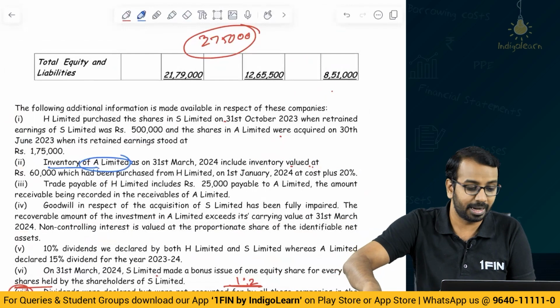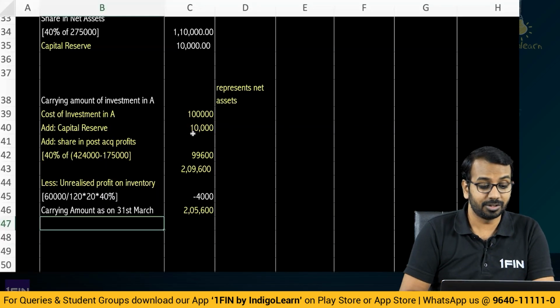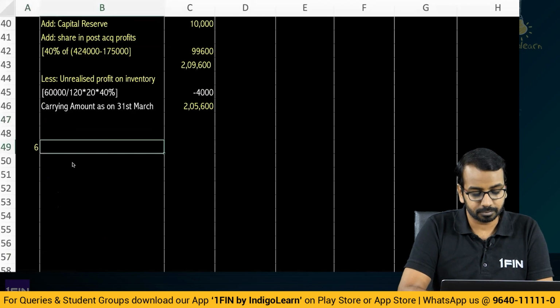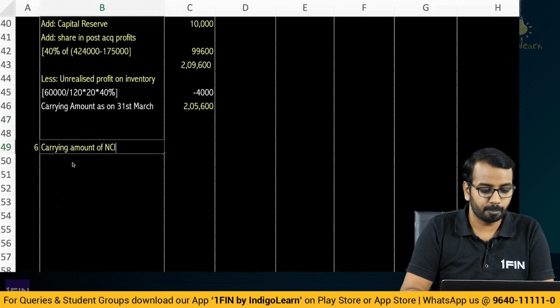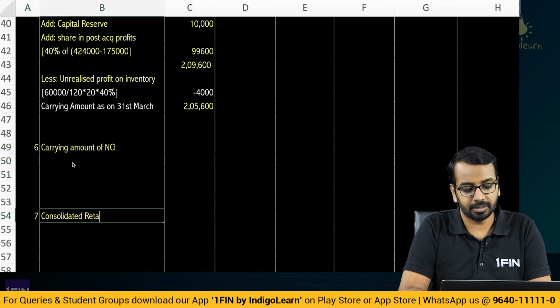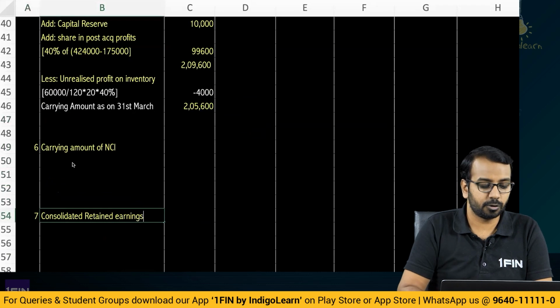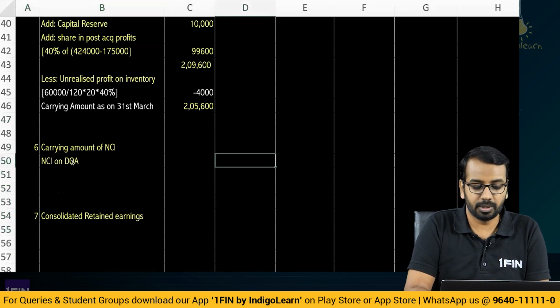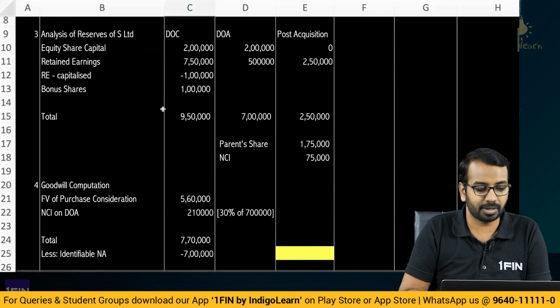Okay. So now let us draw the balance sheet, but before we draw the balance sheet, we are left with one important working, that is carrying amount of NCI. This we could have actually done earlier also, and consolidated retained earnings. So for carrying amount of NCI, on date of acquisition, you will take it from the working note previously where we have done.